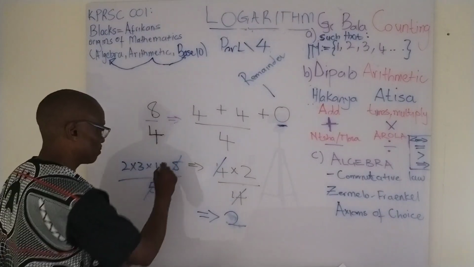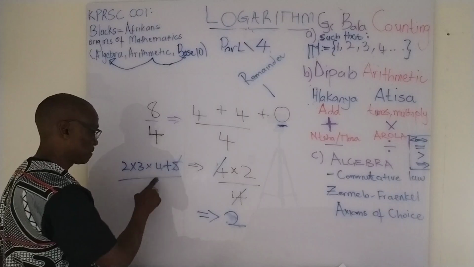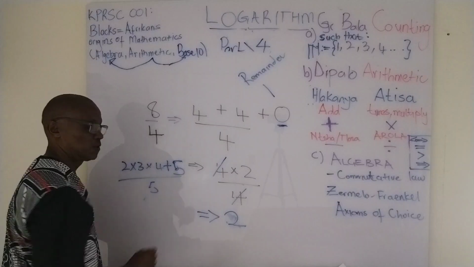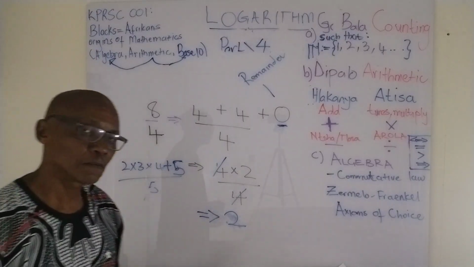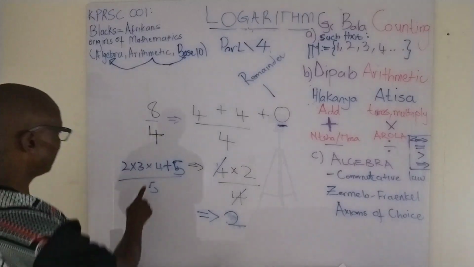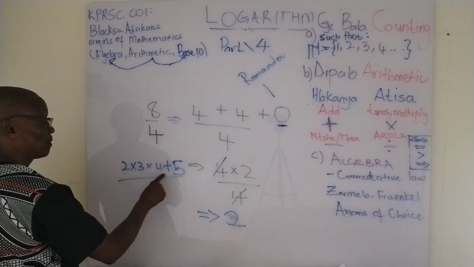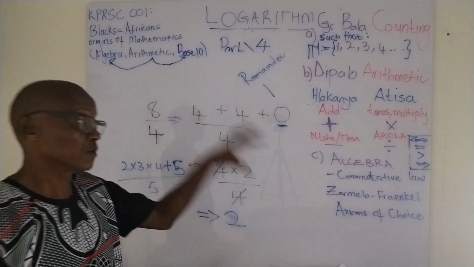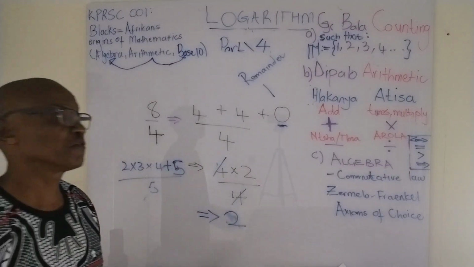But if this was plus 5, you can't cancel. No, you can't. You will need to find 5 here somehow. I don't know how you're going to get it, and take it out as a common factor. That's why you're doing common factors, by the way.